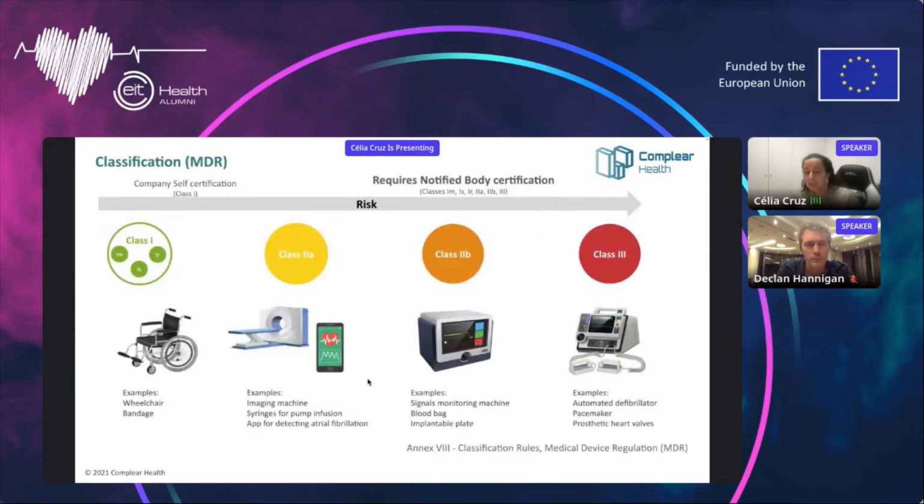So you understood that you are a medical device. What's the next step? The next step is to classify it. In Europe, regarding the medical device regulation, classes go from 1 to 3, where 3 is the class with the highest risk. Any classification higher than class 1 will require a notified body to assess and certify you.